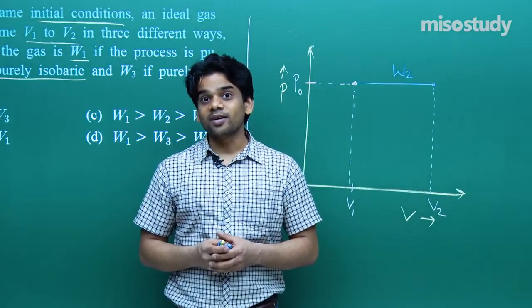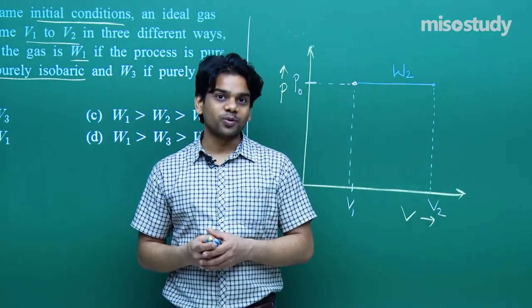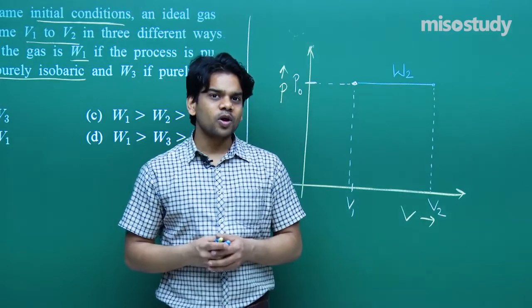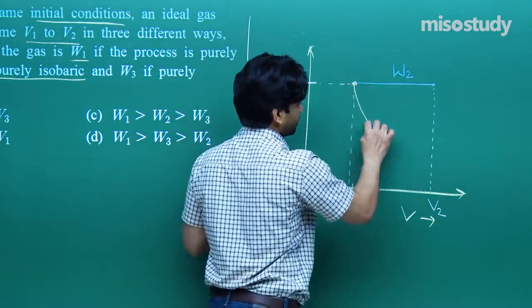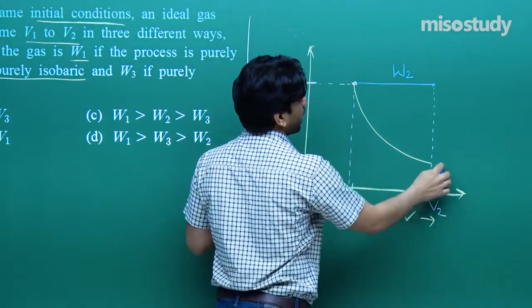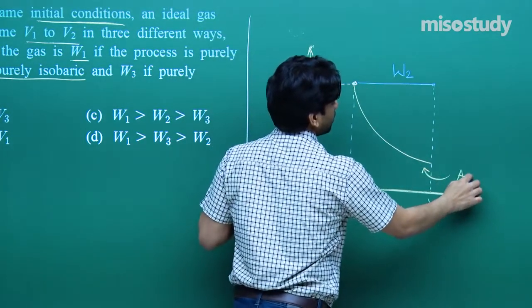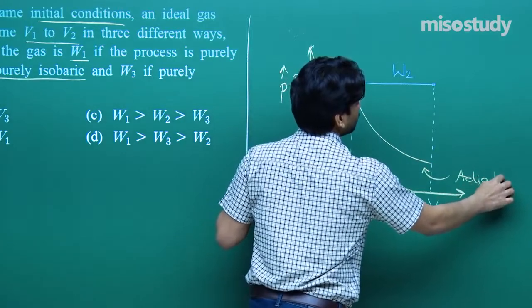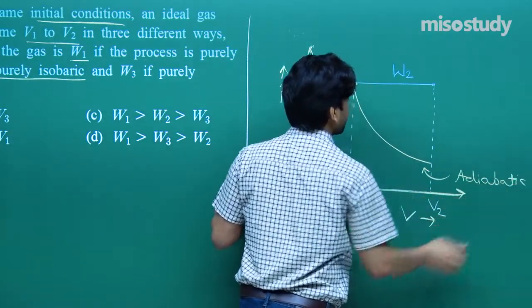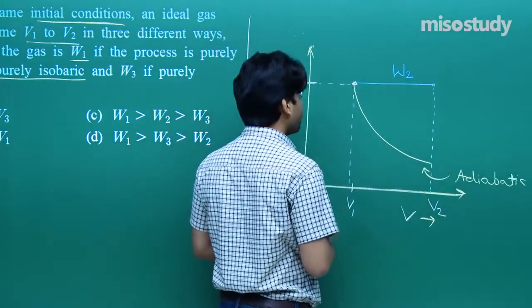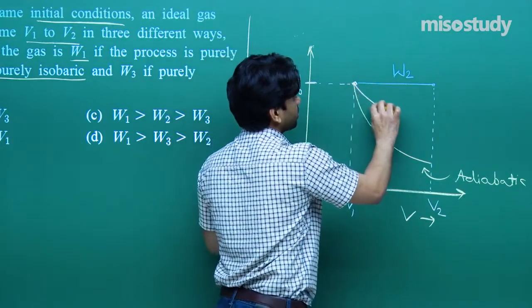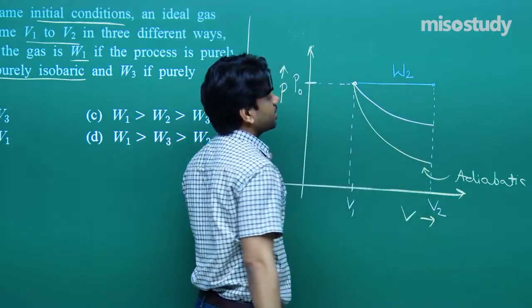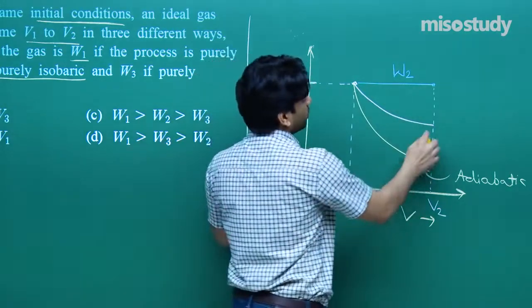The adiabatic curve will have more slope, that is what we know, or it will be somewhat like this. This will be the case of the adiabatic curve, and now the isothermal case. Let me show you how it will be depicted. It will be somewhat like this. This will be the isothermal curve.